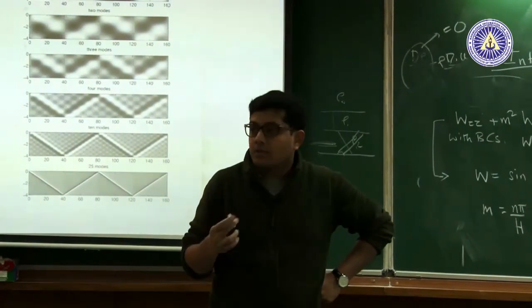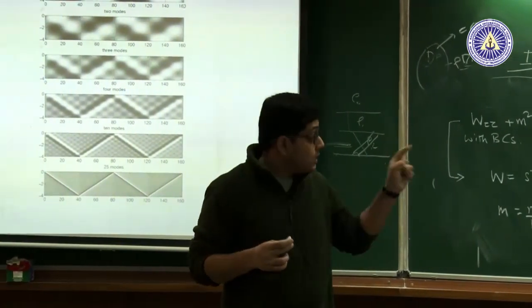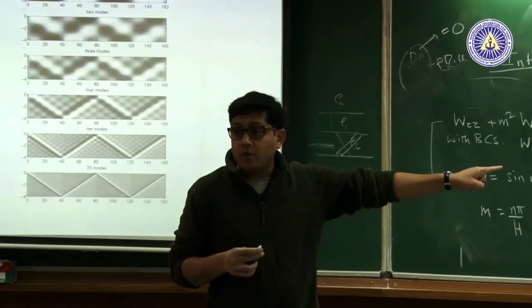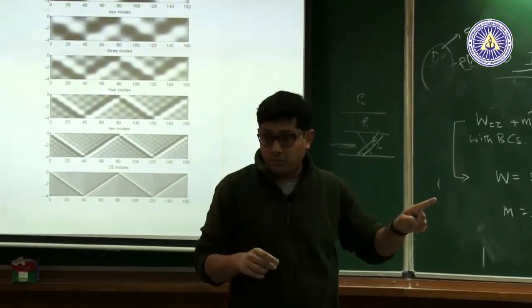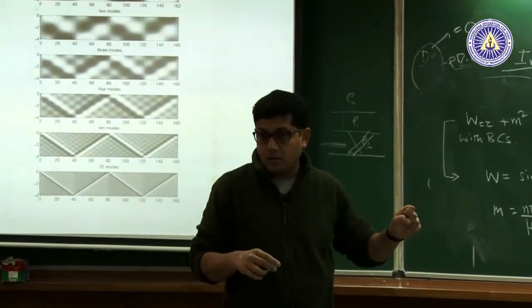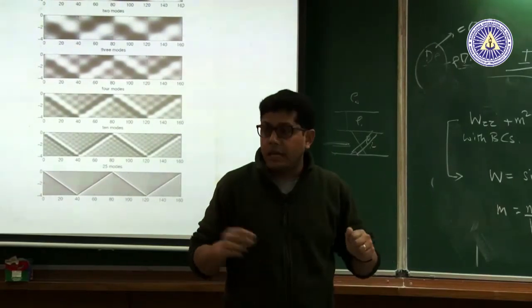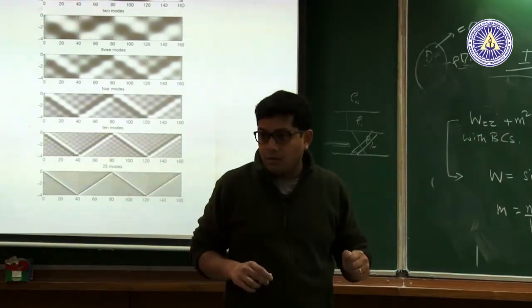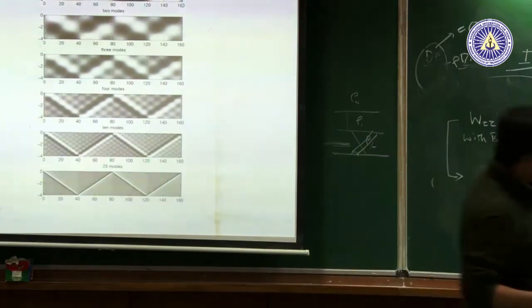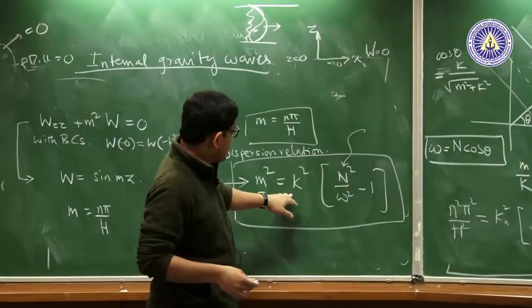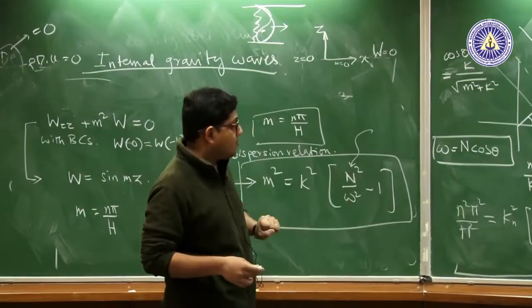So frequency changes with wave number. Here frequency does not change with the wave number's magnitude. So change the wave number k, make k as 20. The m is somehow chosen in such a way that m by k remains the same.